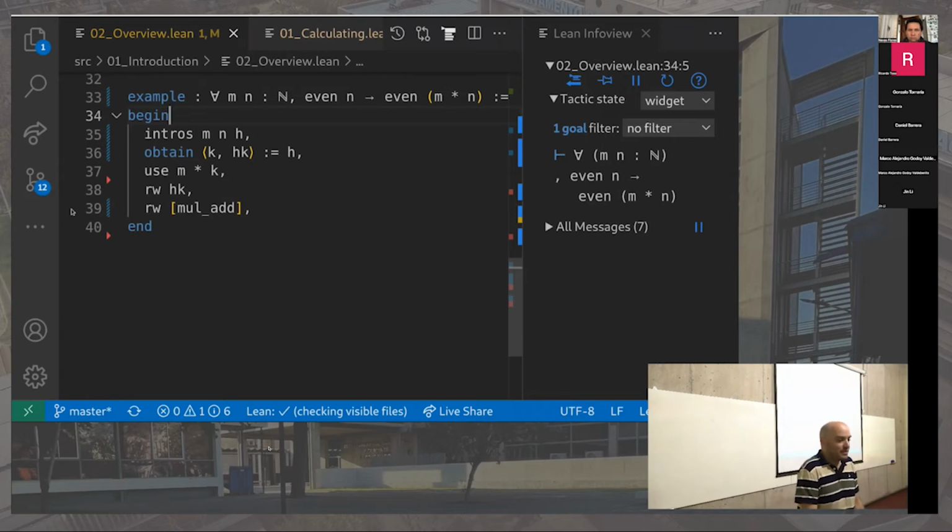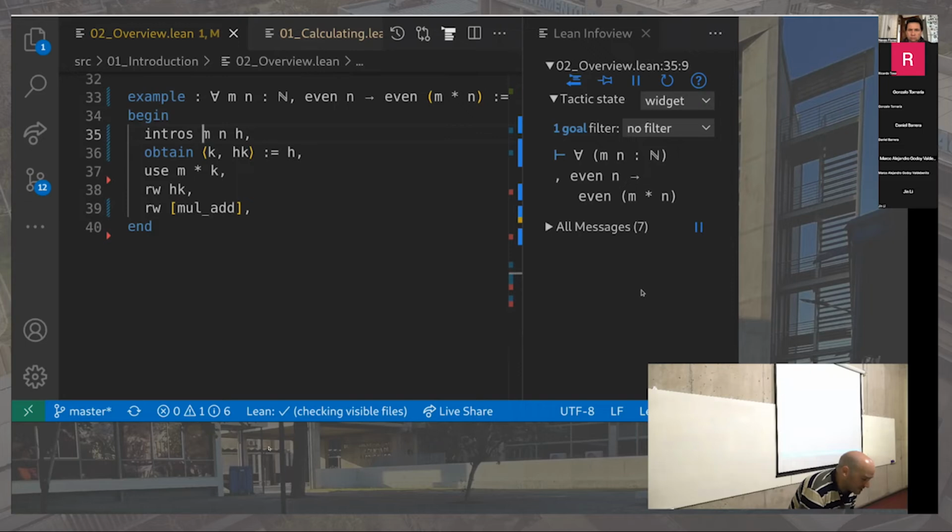Yes? When you introduce the variables M, N, and H, it assigns M to a natural, N to a natural, and H. It's because of the order in which you introduce them. Look at the statement. The statement is that for all M and N natural numbers, blah blah blah. So if you say let's start picking M, it must be a natural number.